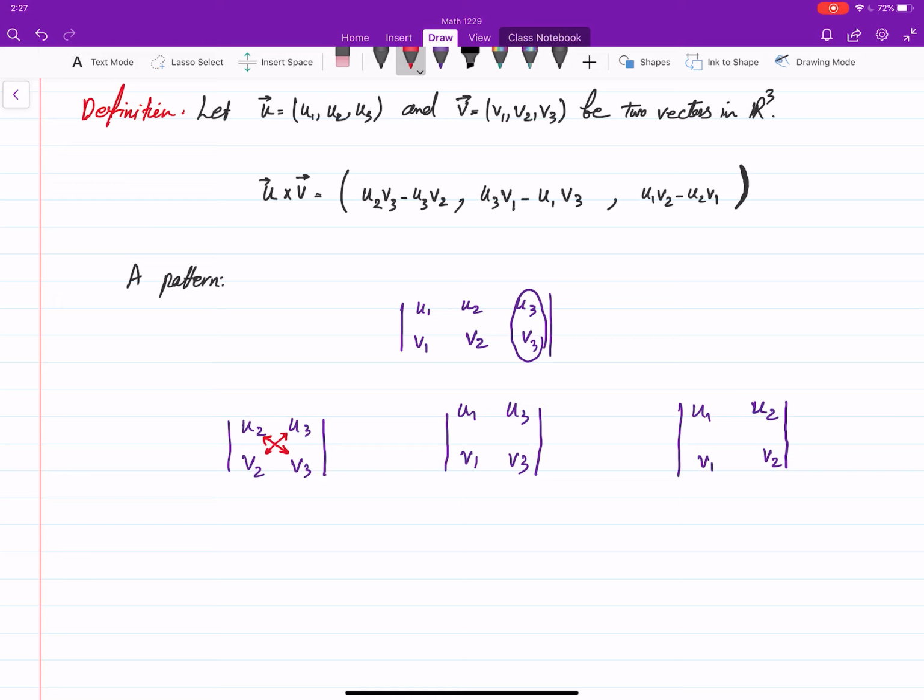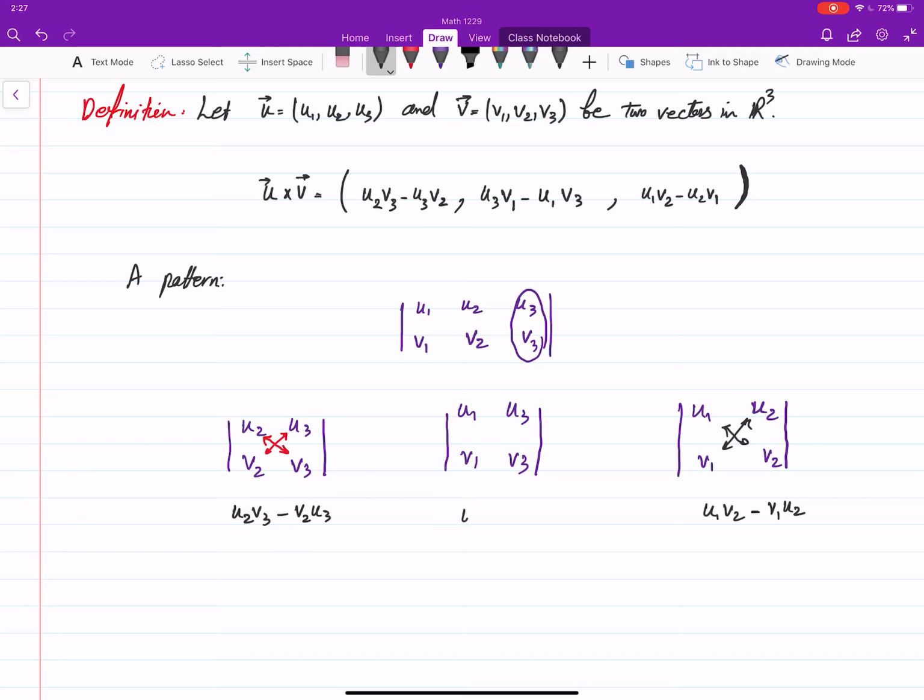The operation has a name, it's called determinant, but you multiply the diagonal minus multiply the off-diagonals. So u1 v2 minus v1 u2.